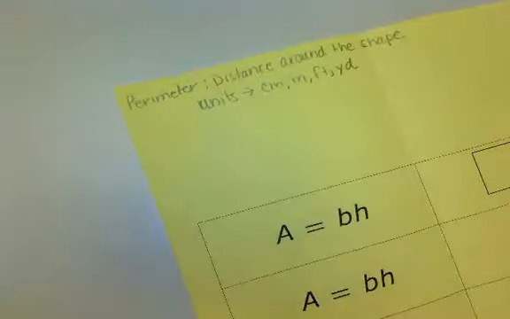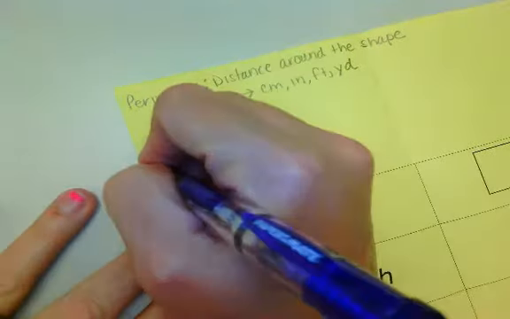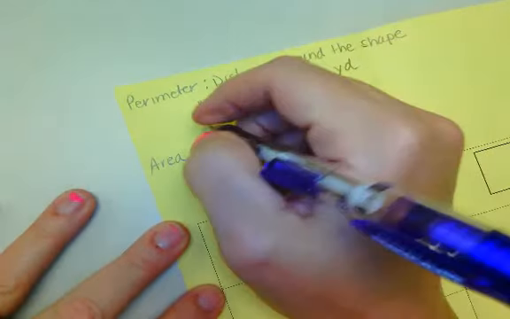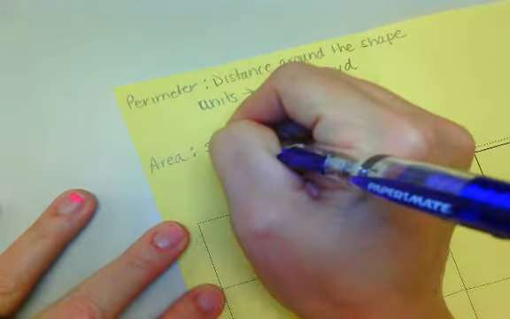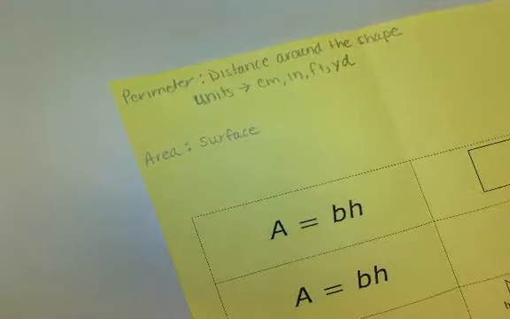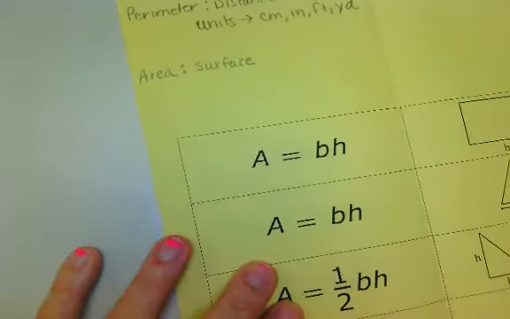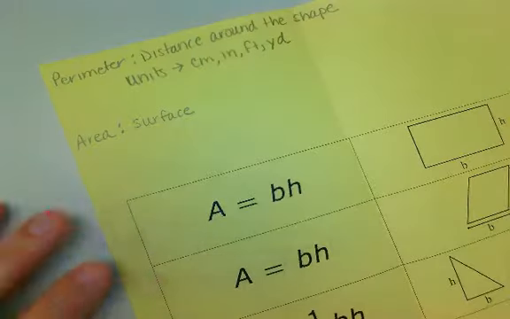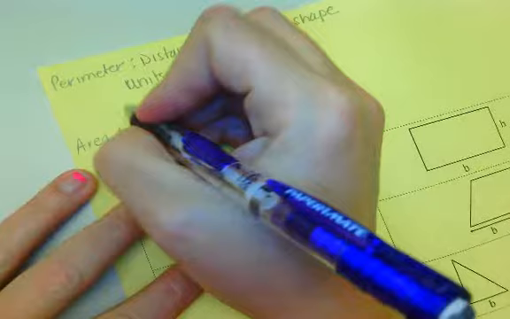Okay? And then area is the surface area. Okay, so that is the area. Sorry about that, guys. So area is the size of the surface.